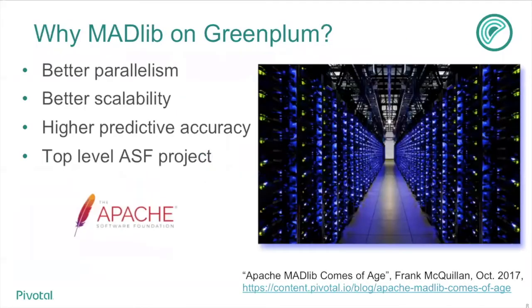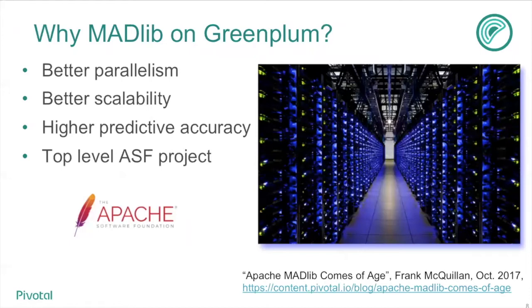So why MADlib on Greenplum? Well, it's all about distributed computing. Better parallelism in the sense that the algorithms are designed to take advantage of the parallel processing architecture of Greenplum. So you can run a single massive model in parallel.